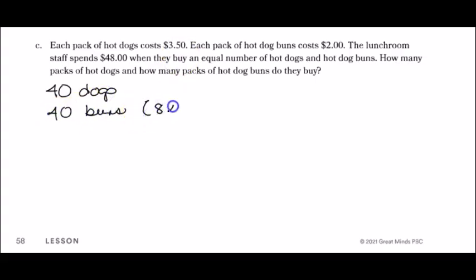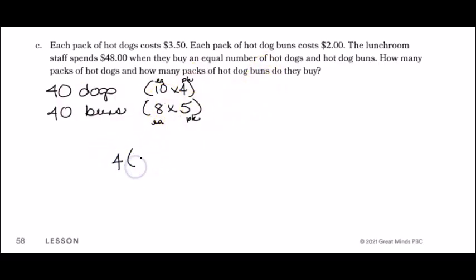And this would be 8 times 5. This would be 10 times 4. That's each in 1 pack. So they bought 4 packs of dogs.